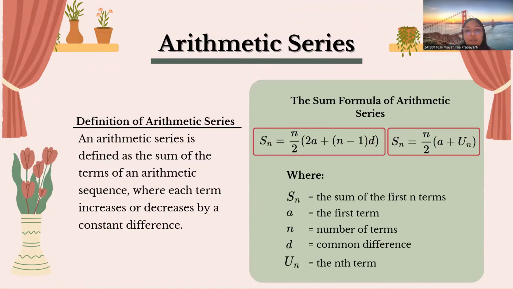Before we move to the sum formula, you really need to understand this arithmetic series. In other words, an arithmetic series is what you get when you add up all of the terms of an arithmetic sequence. Because the terms follow a predictable pattern, we can find the total sum without adding every term individually.